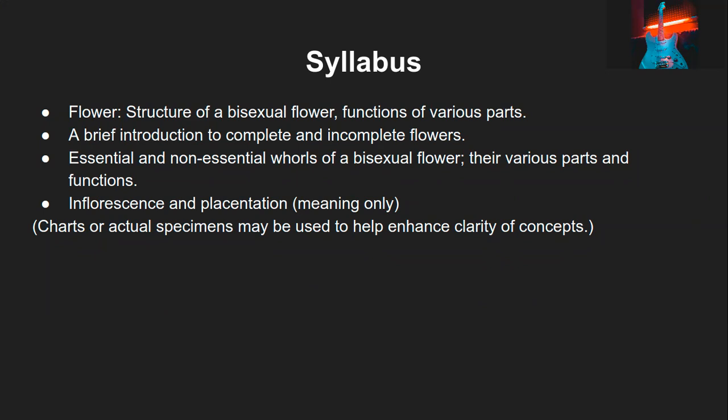So this particular chapter, see, we are starting with the second unit, which is called flowering plants, and the flower is the first part of it, and then you have pollination and fertilization as the second chapter. And then we go to plant physiology, which is the third unit, which has seeds and germination of the seeds and so on, and then respiration in plants as a second chapter in plant physiology.